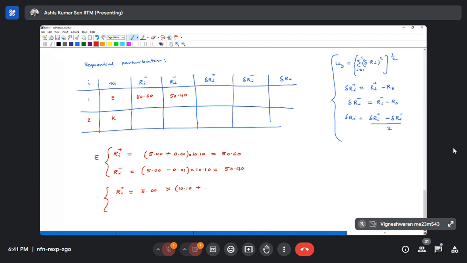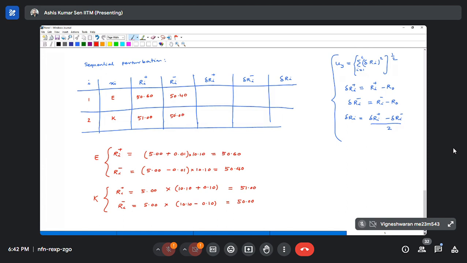So the uncertainty in K, UK, is basically 0.10. So if you find out, you get 51.00. Now similarly, Ri minus is 5.00 into 10.10 minus 0.10. That will be equal to 50.00.